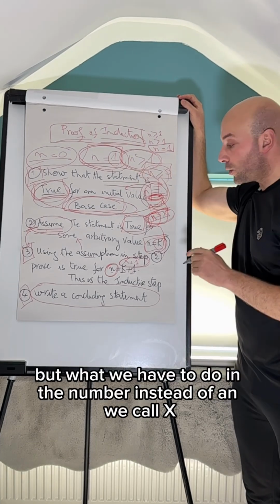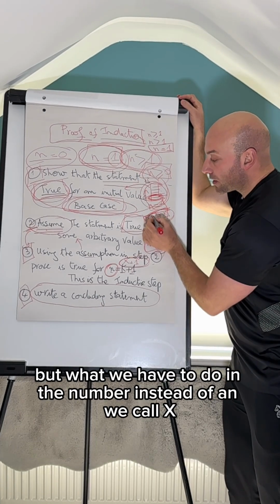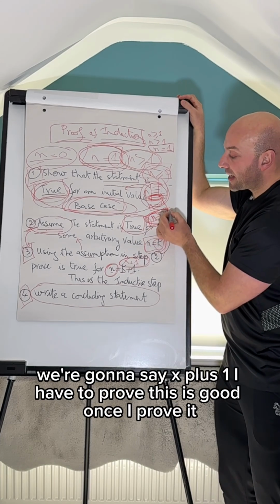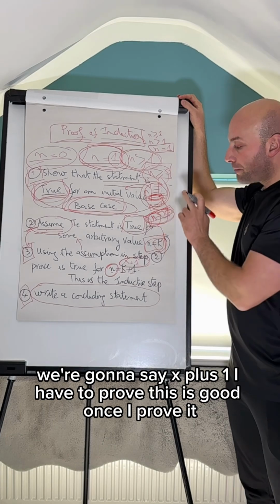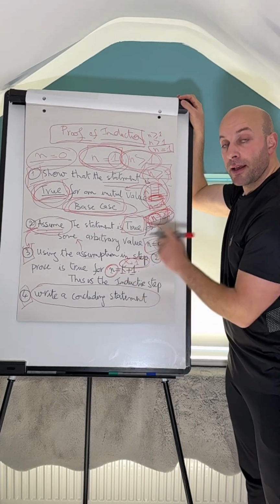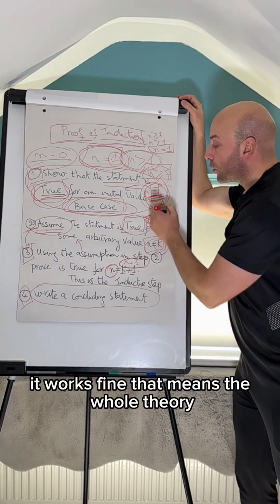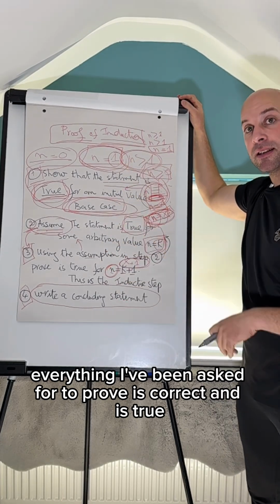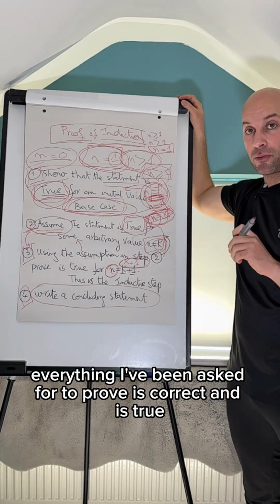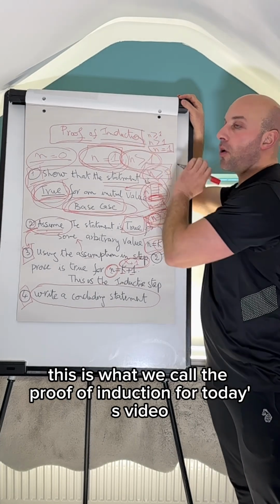But instead of n, we call it x, and we say x plus 1. I have to prove this is good. Once I prove it works fine, that means the whole theory, everything I've been asked to prove, is correct and true. This is what we call the proof of induction.